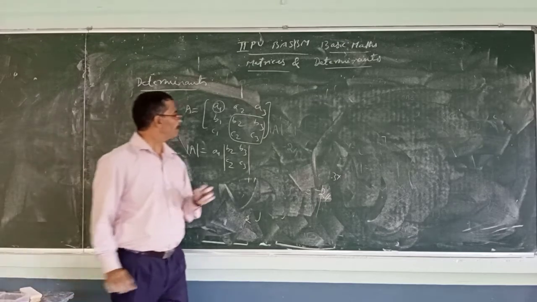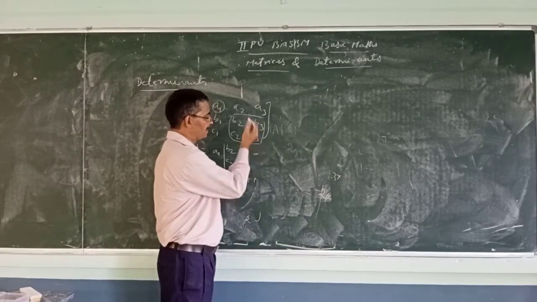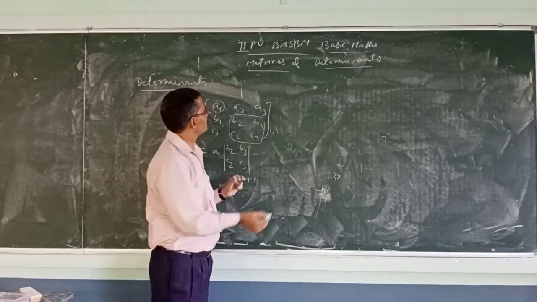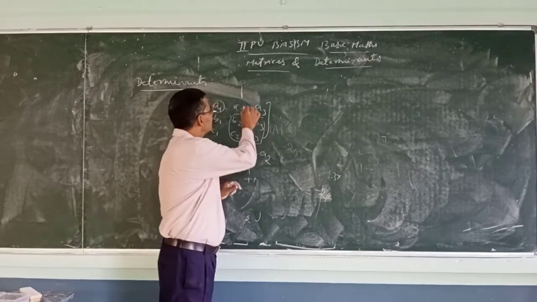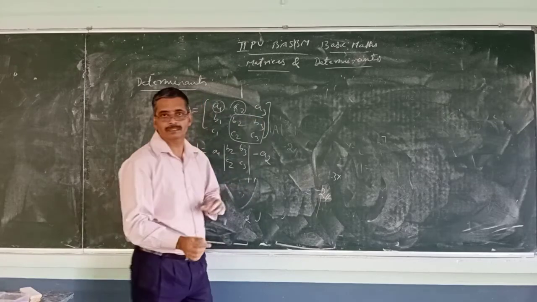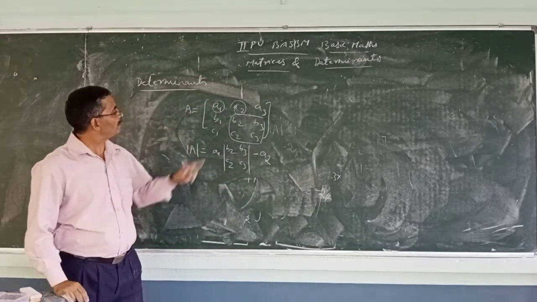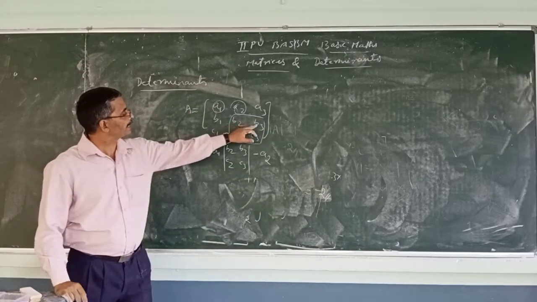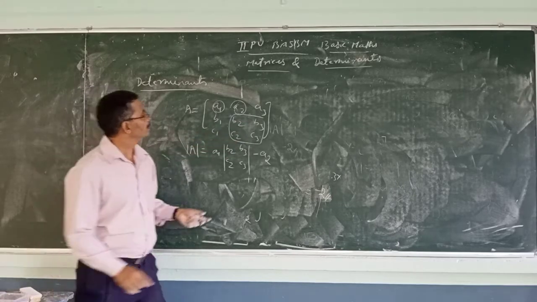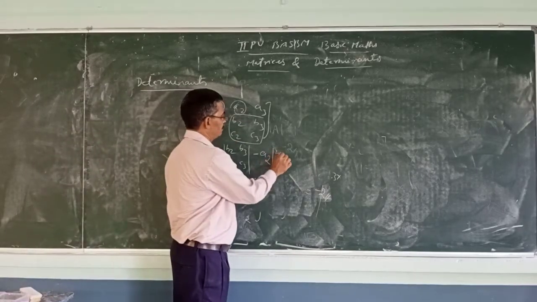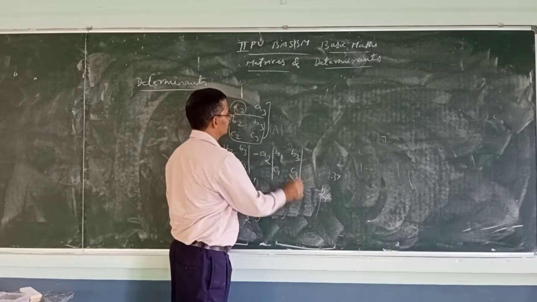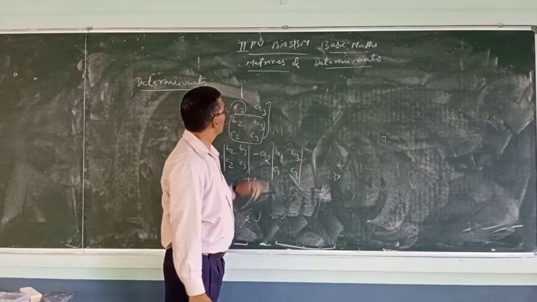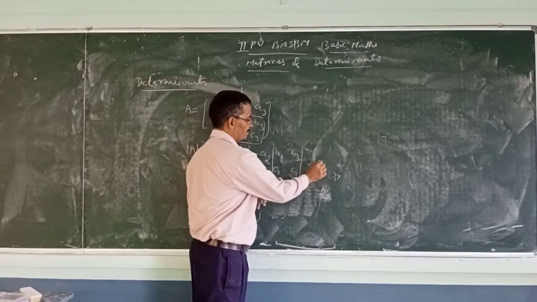Next, the sign is minus. A2 into, next one is A2 I am taking. Now I will take B1, B3, C1, C3.